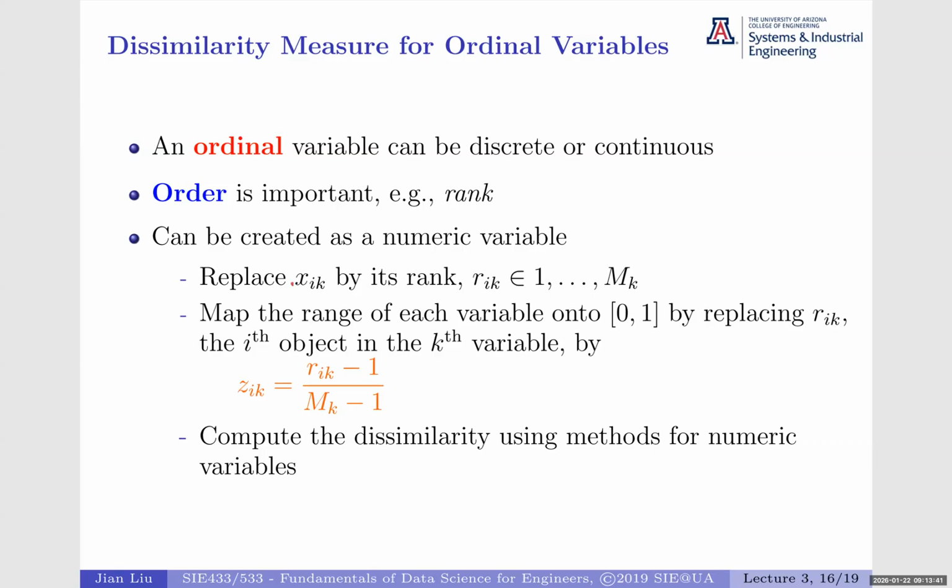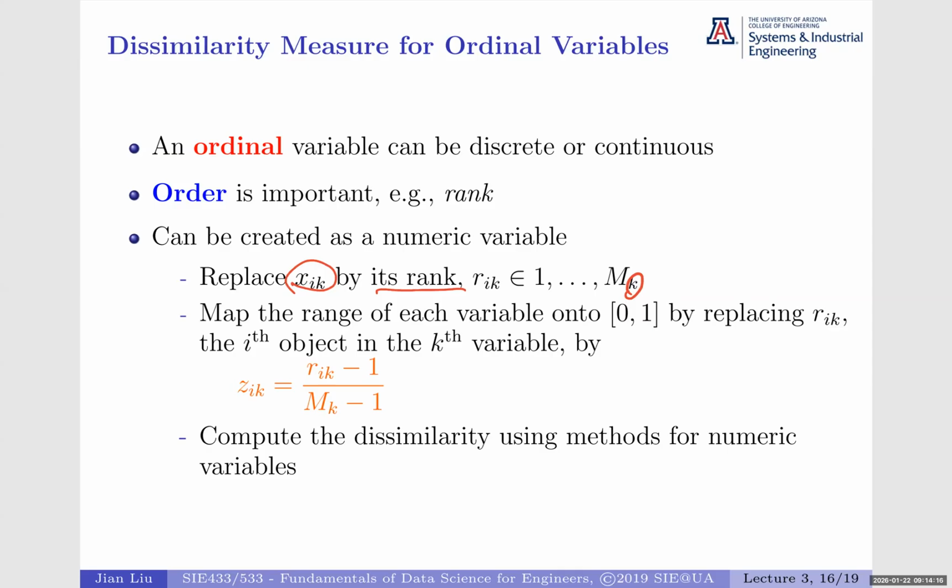We replace the value of xik, don't forget, it is a category, with its rank. Rank can be 1 to mk, where k is the index of the variable and m is the number of possible states. Like for student, undergrad, master, PhD, so totally we have 3 ranks, and this rank can be 1 for undergrad, 2 for master, 3 for PhD, for example.